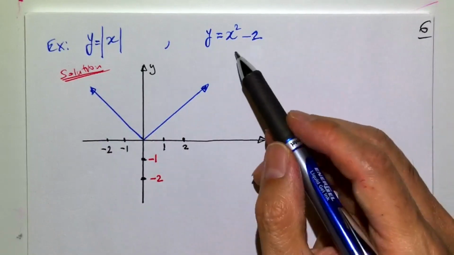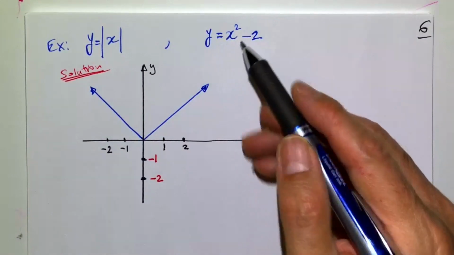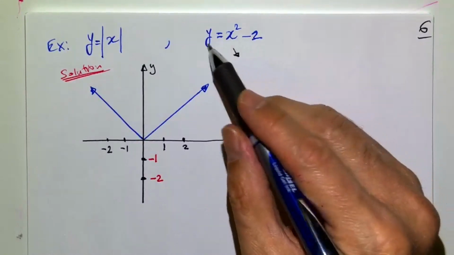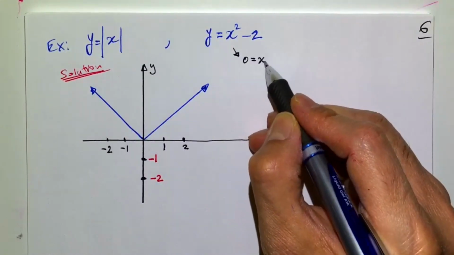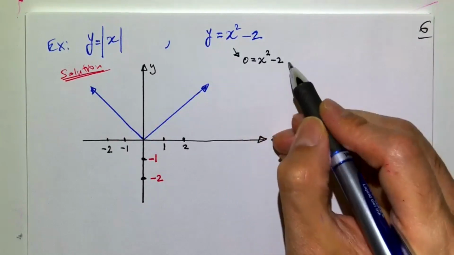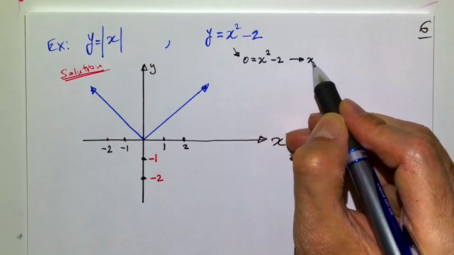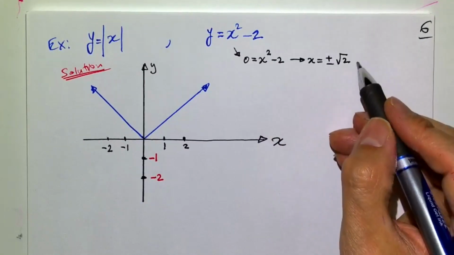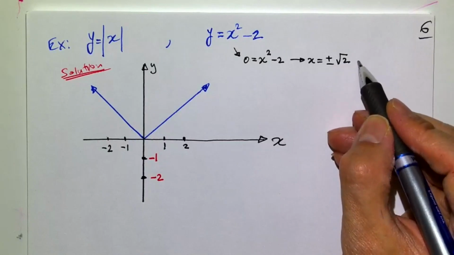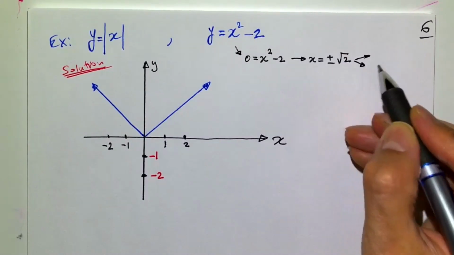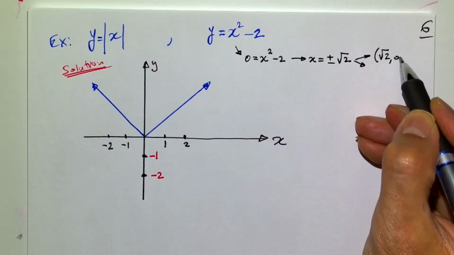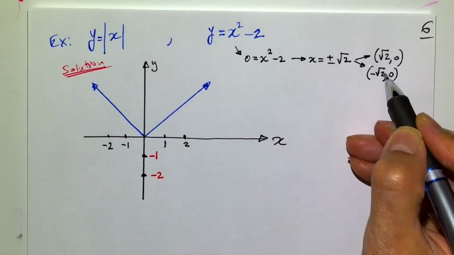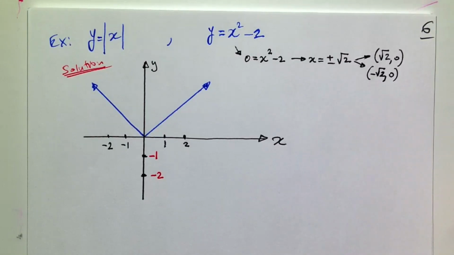Okay, so the x-intercepts for this quadratic function, we can set y equal to 0. We get x squared minus 2, and so x would be equal to plus or minus square root of 2, right? So we'll have the square root of 2 comma 0, and then minus square root of 2 comma 0 as well.